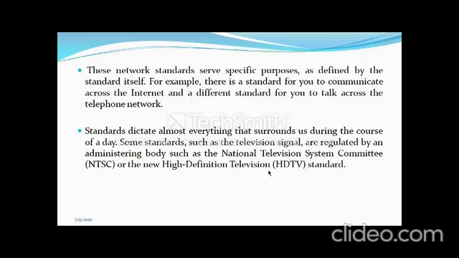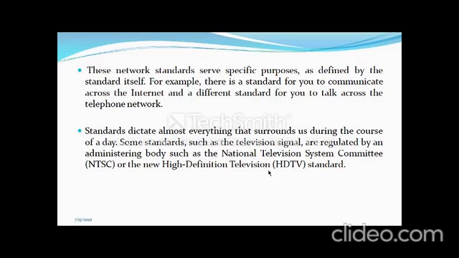For example, there is a standard for you to communicate across the internet and a different standard for you to talk across the telephone. These standards dictate everything that surrounds us during the course of a day.